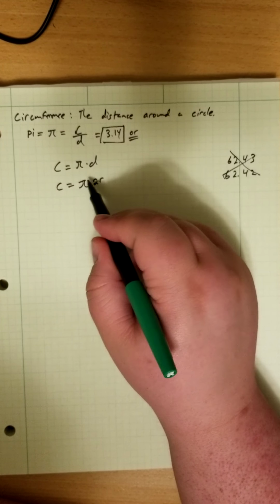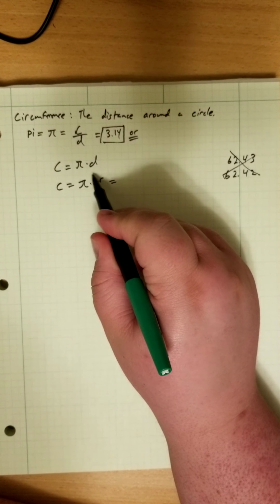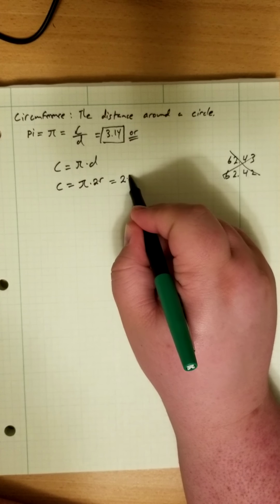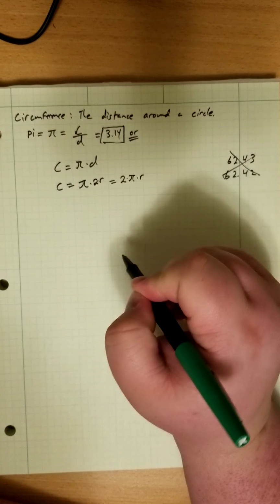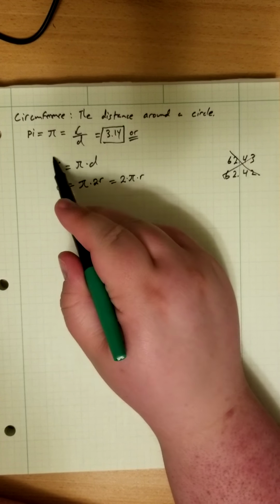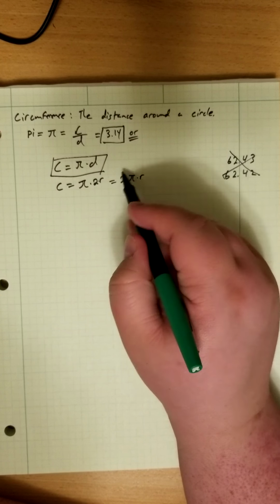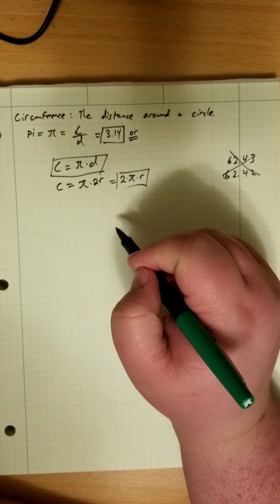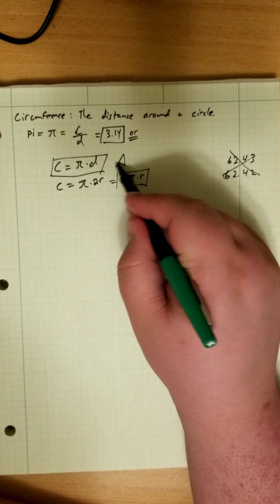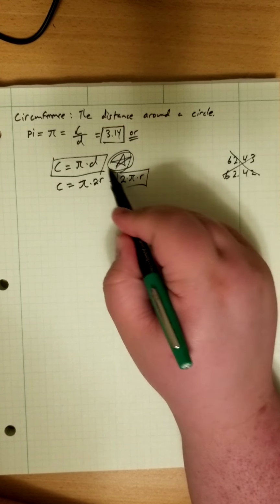And just a mathematical thing, we typically write the numbers first, so it would be 2 pi times r. So that's one that you should know, and that's one that you should know. The little stars there, you will need to know that.